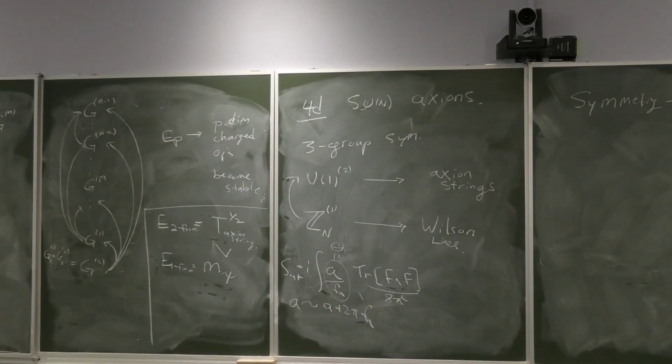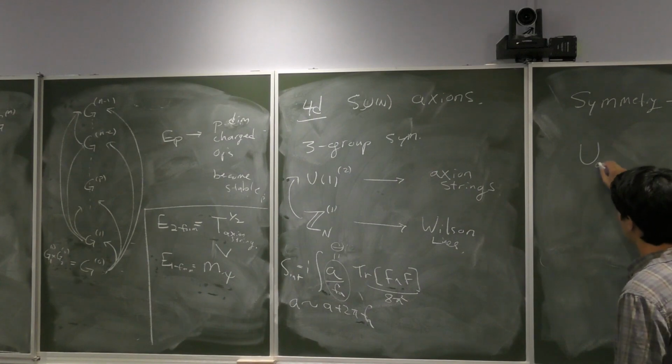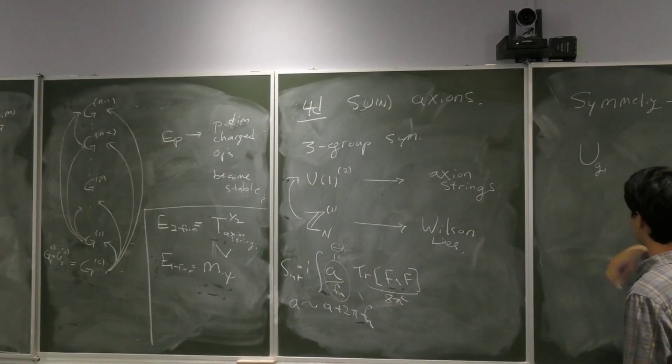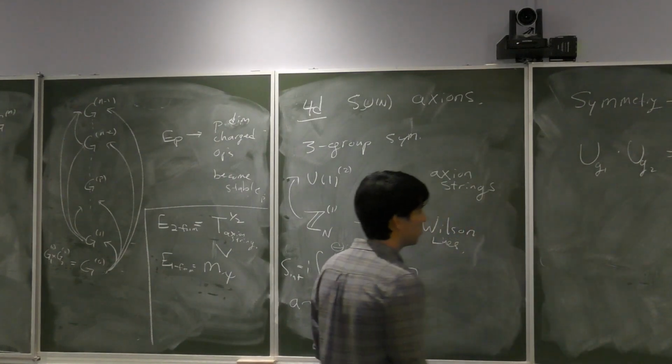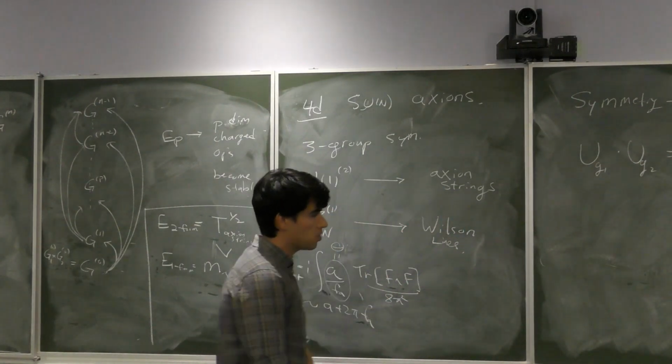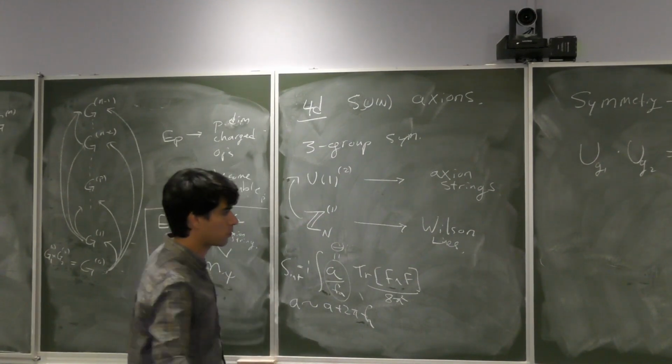So in general, we give a higher form symmetry. You have these obeying some group law. But that's not the most general sort of multiplication you can have for topological operators.